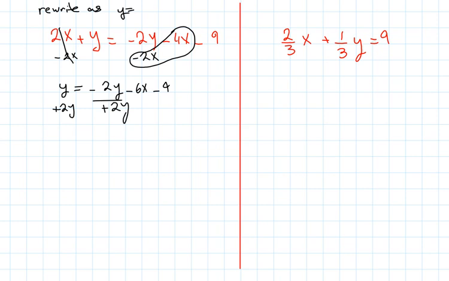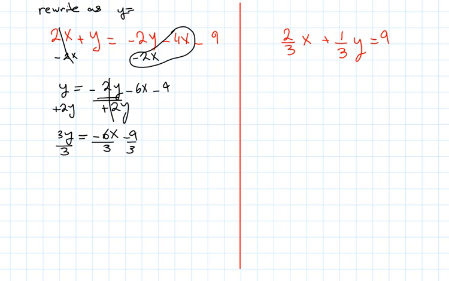So we add 2y to both sides, so these add up to 0. On the left side, we end up with y plus 2y, or 3y, equals negative 6x minus 9.